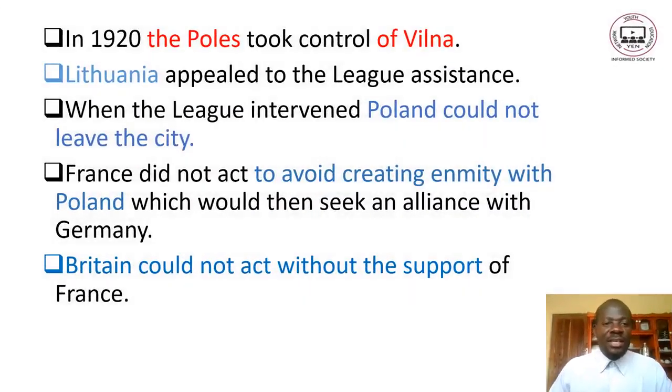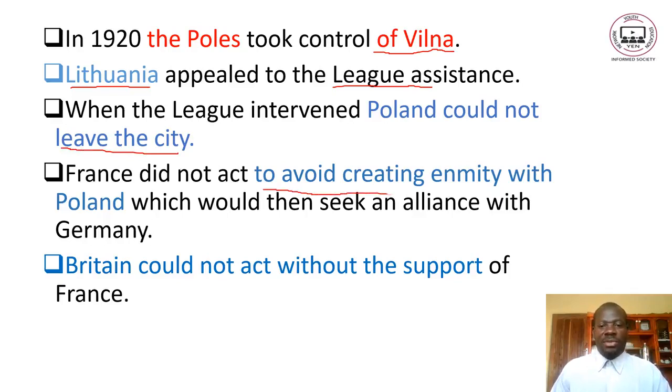In 1920, the Poles took control of Vilna. So Lithuania appealed to the League for assistance. When the League intervened, Poland would not leave the city after it took control of Vilna.